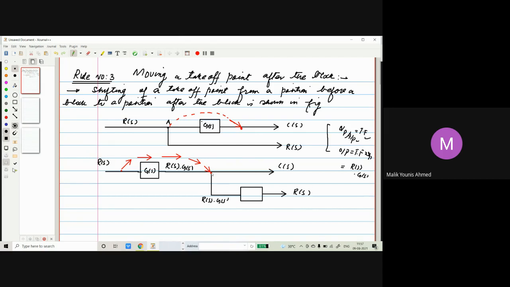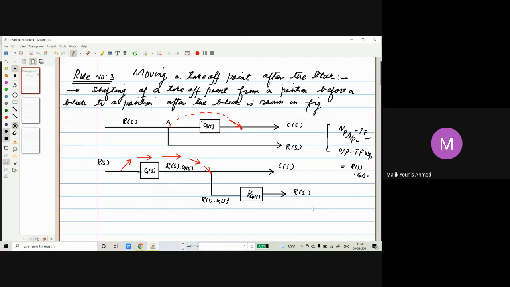In the current scenario, the input here is R(s)G(s). Out of that R(s)G(s), the output here is C(s), but here the output is again R(s). Now the input is R(s)G(s) and the output is R(s). So the transfer function in this case will be 1/G(s). How do we know that?